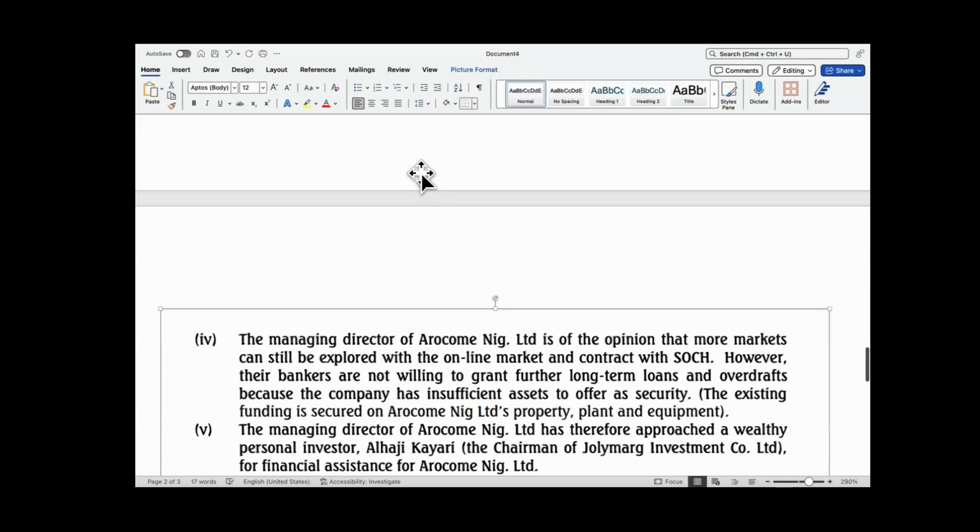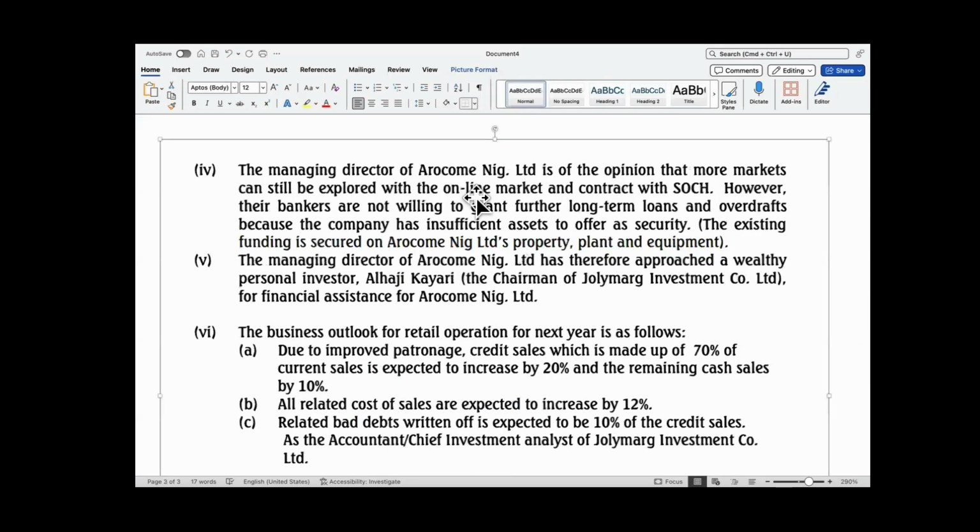The managing director of Agrocom Limited is of the opinion that more market can still be explored with the online markets and contracts with SOCH. However, their bankers are not willing to grant further long-term loans and overdrafts because the company has insufficient assets to offer security.